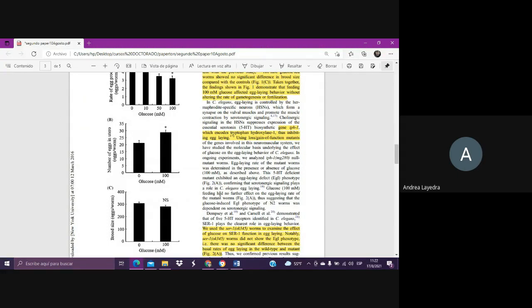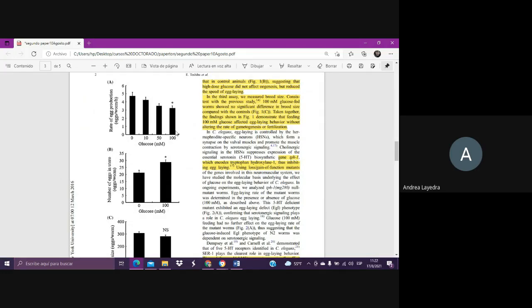They used worms at the final larval stage L4, placed on NGM containing glucose at the indicated concentrations of 0 and 100 millimolar, and they noticed a reduced number of eggs released in the presence of high concentrations of glucose compared with that in the absence of glucose, although glucose had no effect on the onset of egg laying.